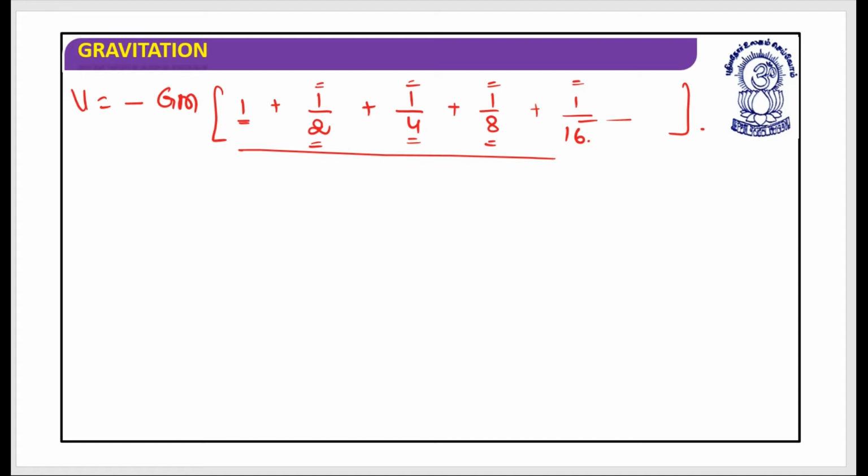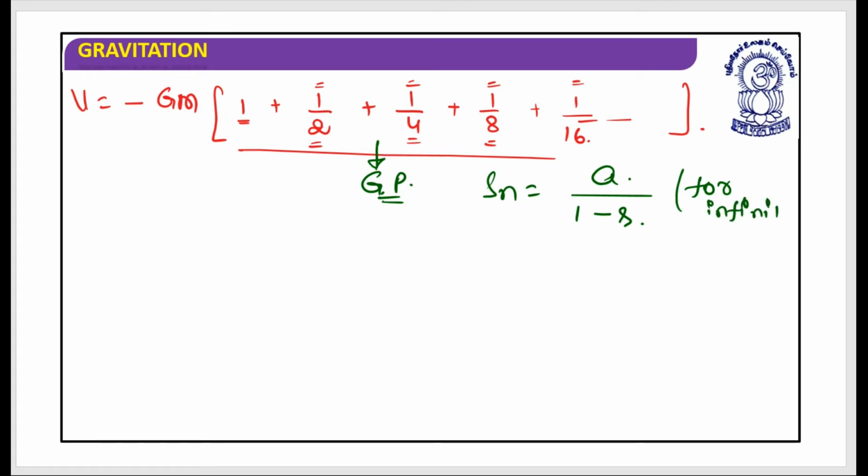So the ratio of any two consecutive terms is the same, and when the ratio is the same, this is a GP, a geometric progression. For GP, we have done one of the questions based on this. It is Sn is equal to A upon 1 minus R for infinite numbers. This is true for infinite terms.